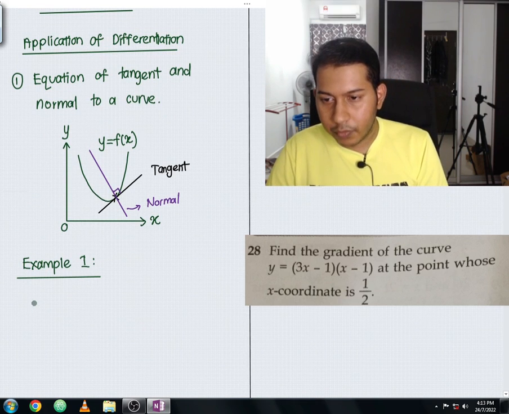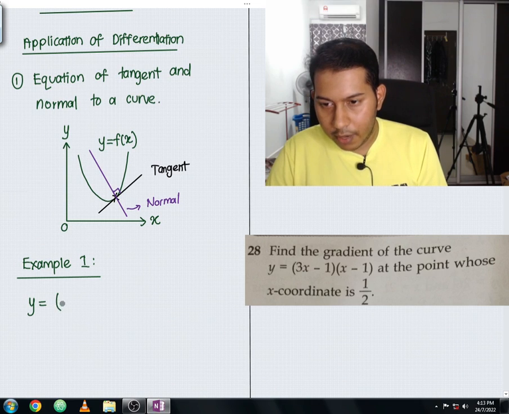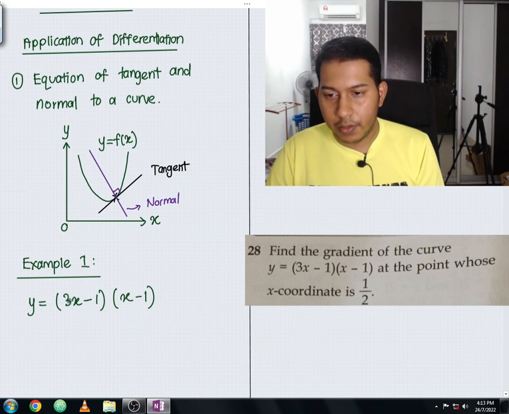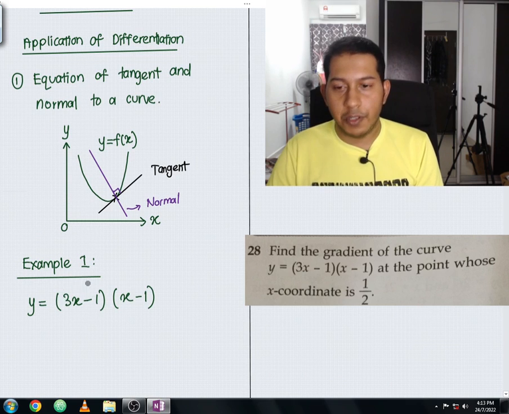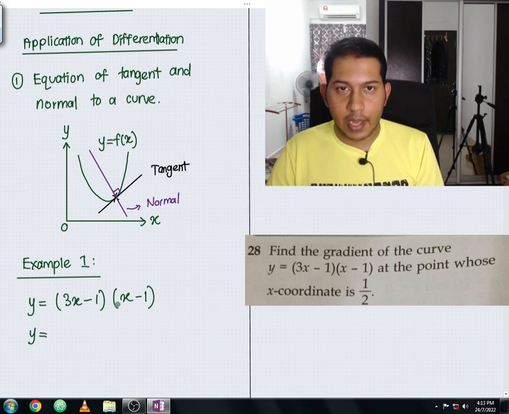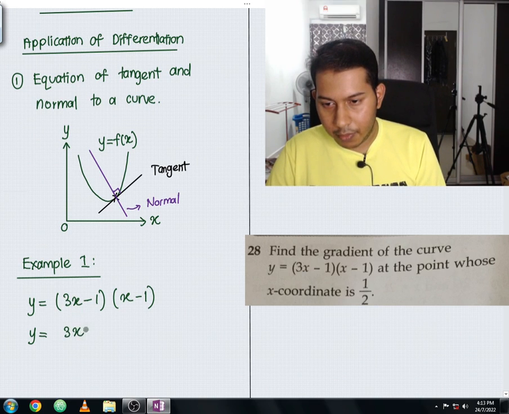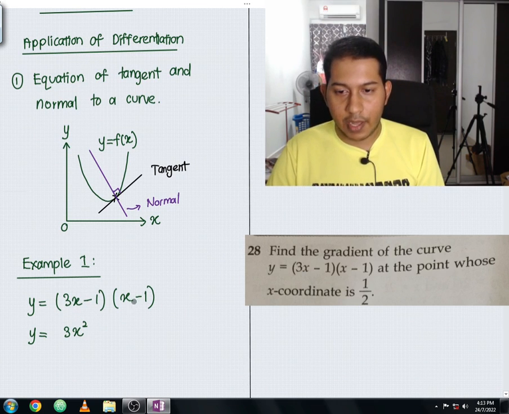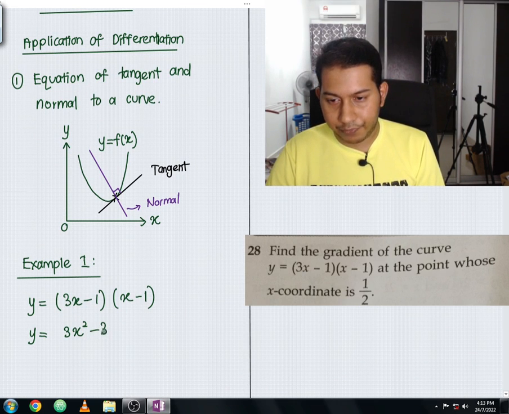So here you have the equation y equals, in a bracket, 3x minus 1, close bracket, times x minus 1. To proceed, we're going to expand this bracket. 3x times x, you get 3x squared. 3x times negative 1, you get negative 3x.